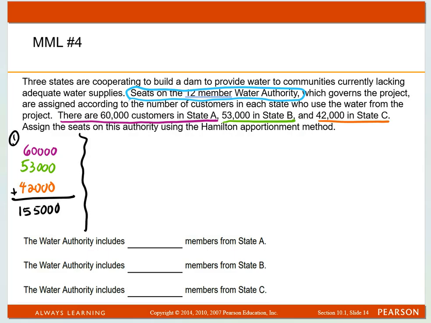Now, step two, for state A, you are going to take the 60,000 people and divide it by the total number of people. You're trying to figure out what percent is 60,000 out of 155,000. So when you divide, you get the percentage.